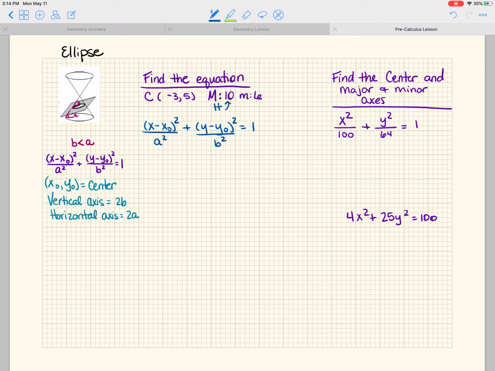So a is 10 divided by 2, which is 5. b is 6 divided by 2, which is 3.